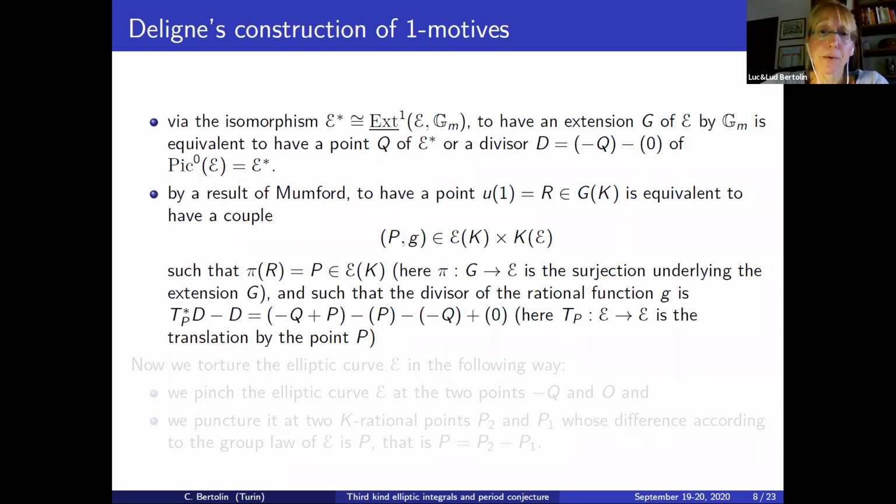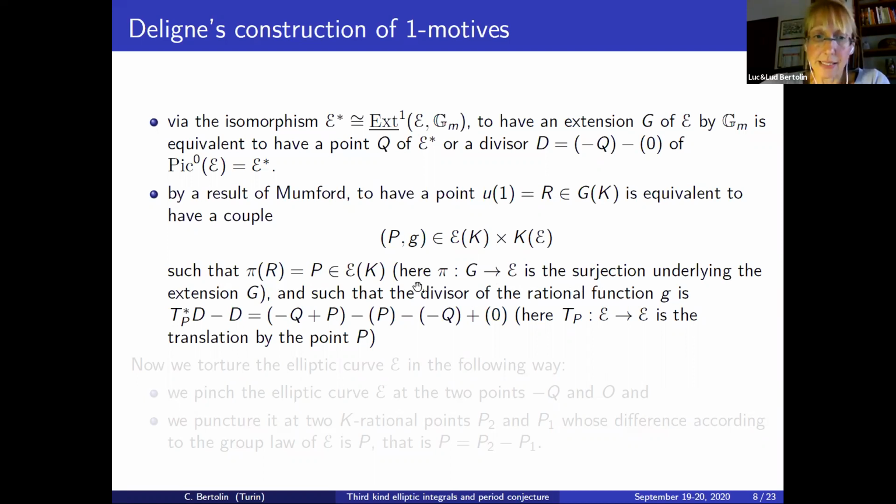By a result of Mumford, to have a rational point on G, it is equivalent to have a rational point P on the elliptic curve, which will be the projection of R in the elliptic curve, because we have the projection of G on E.